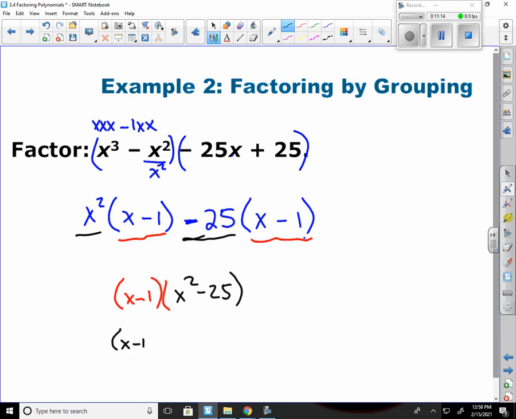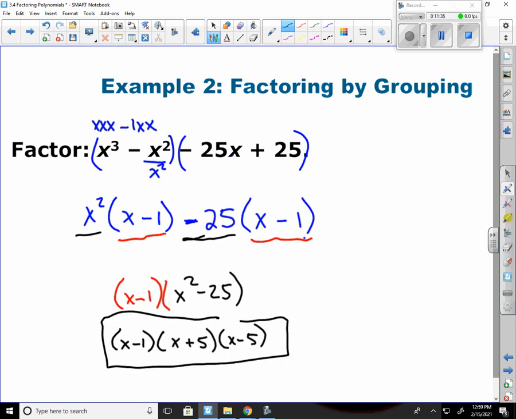You could also see this automatically as a difference of two squares. This is a perfect square, and so is this, with no middle term. That tells us that it's going to be x plus 5 and x minus 5. And this is my full factored form.